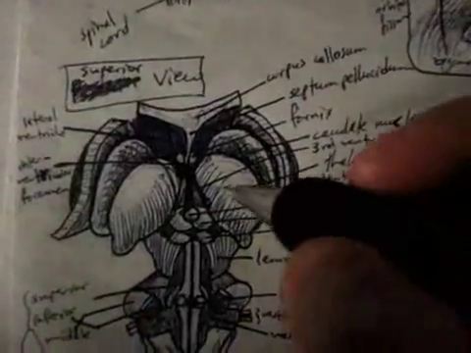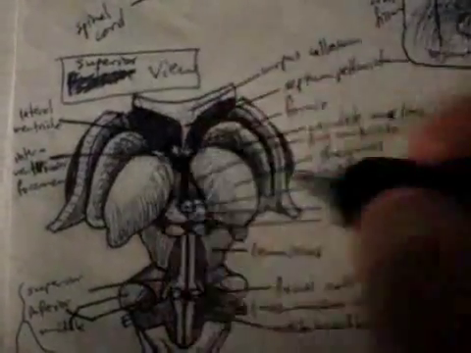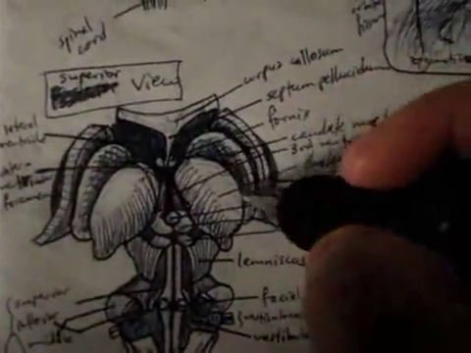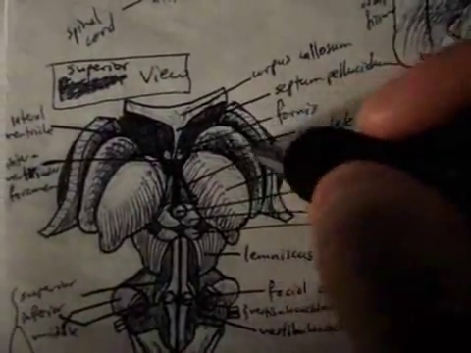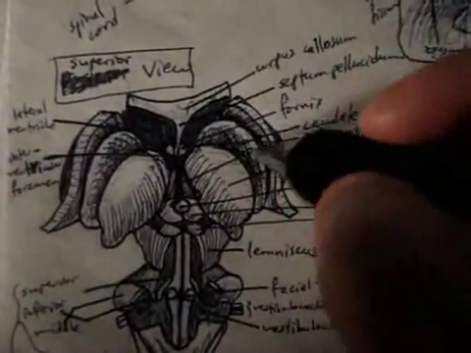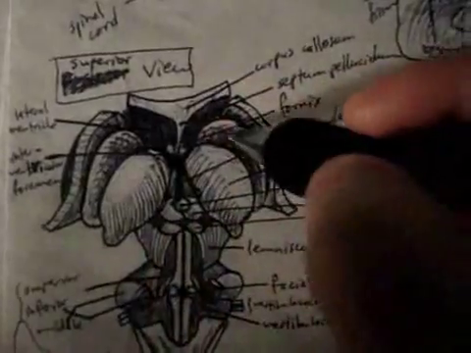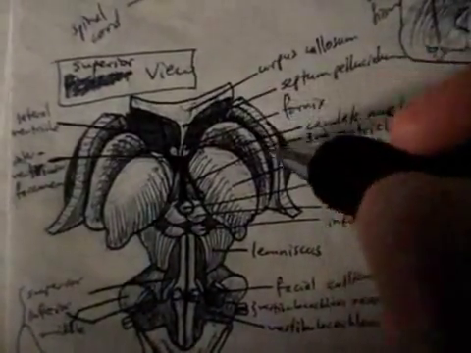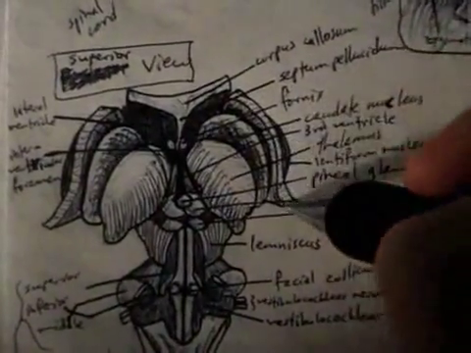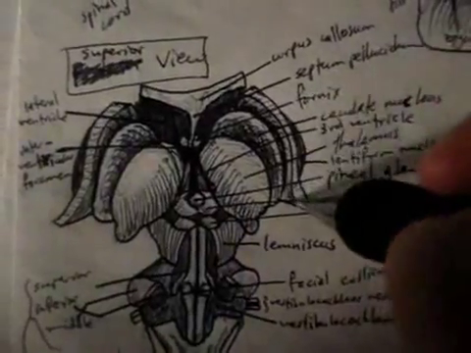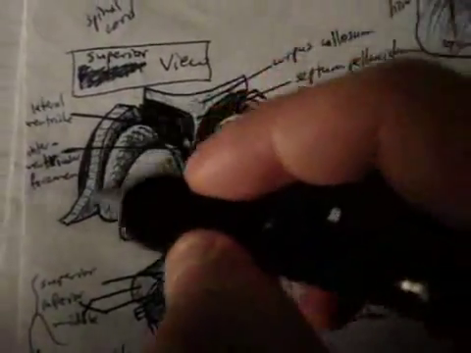Then on two sides of the thalamus, laterally to the thalamus, are two nuclei. The first one is called the caudate nucleus. They're here, this one and this one. And then there's a bundle of fibers, axons, called the internal capsule, here and here.